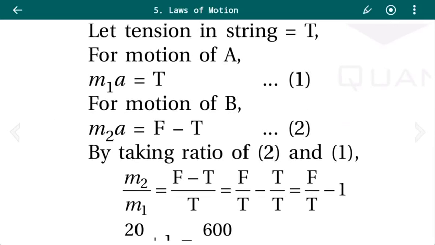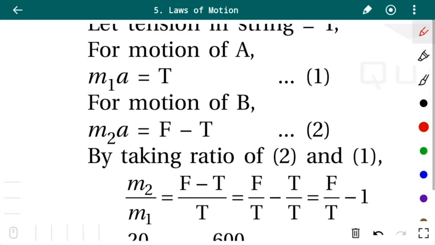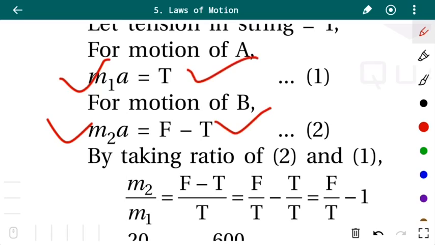Now by taking the ratio of 2 and 1, the left hand side of these two equations becomes M2A upon M1A. A gets cancelled, so we have M2 upon M1 equals F minus T upon T. Separating this term we get F by T minus T by T, that is F by T minus 1.